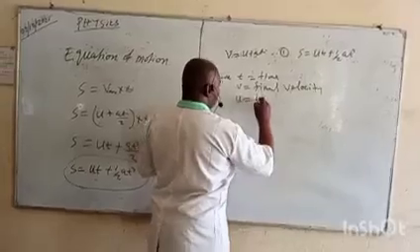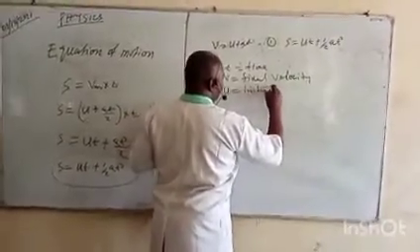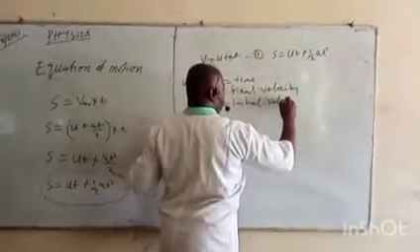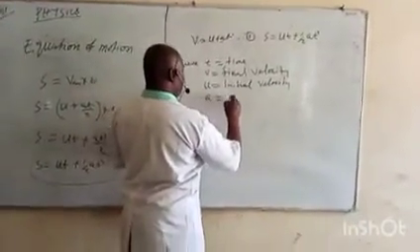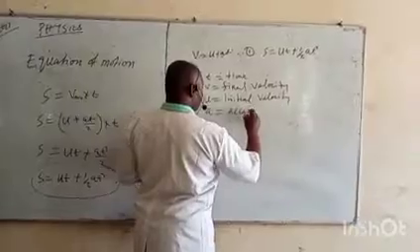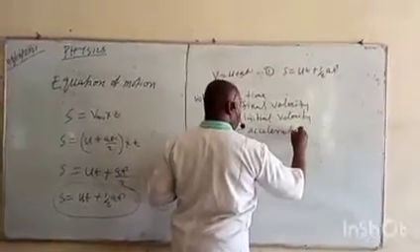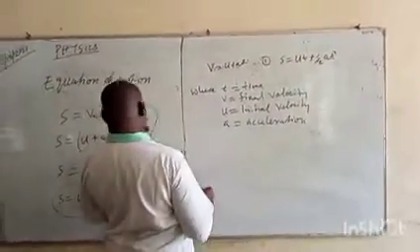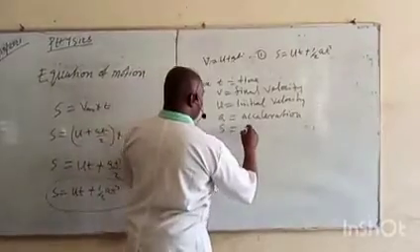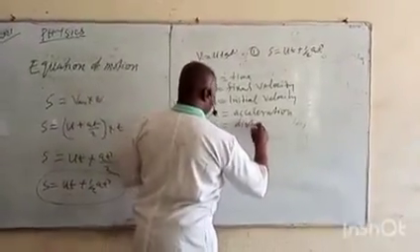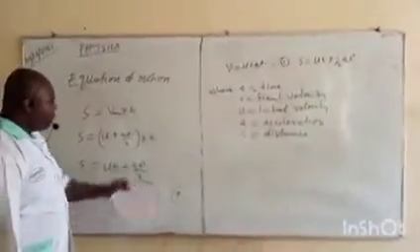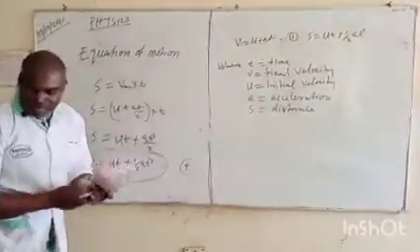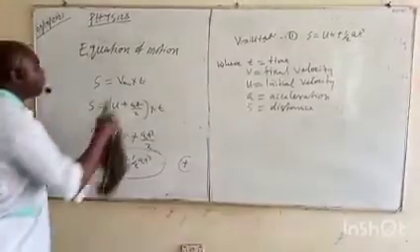U, initial velocity. A, acceleration. Now, if we understand this concept that these are the things we are working with, we therefore now look to get the third equation of motion.